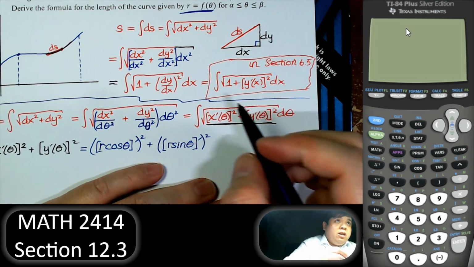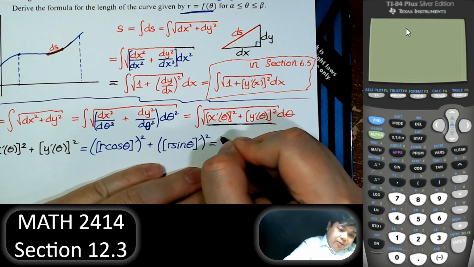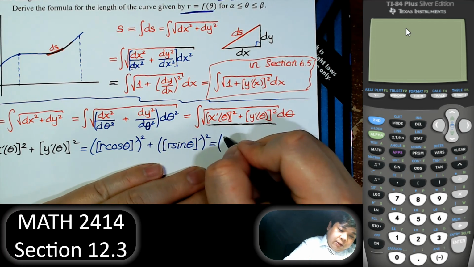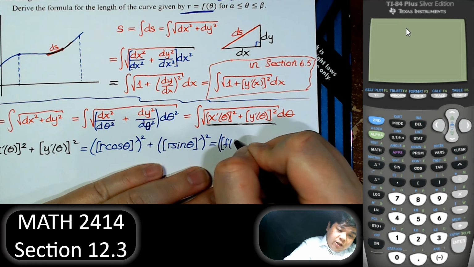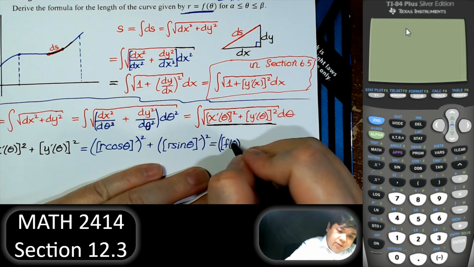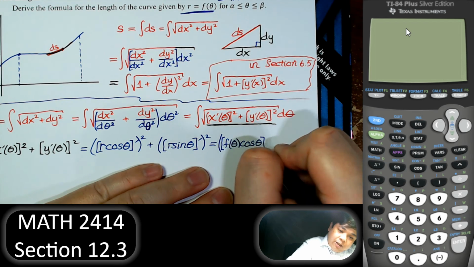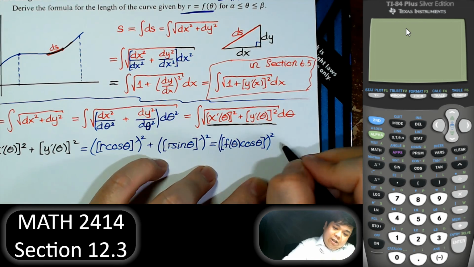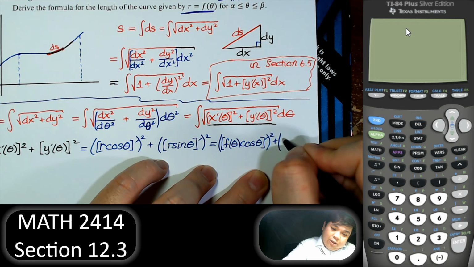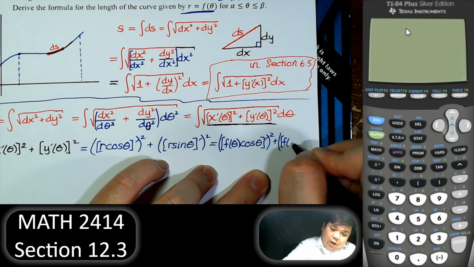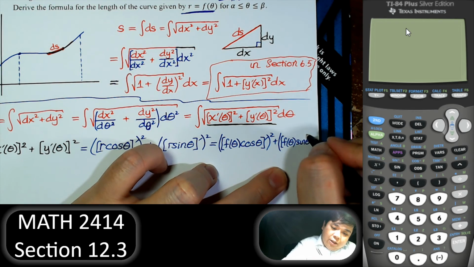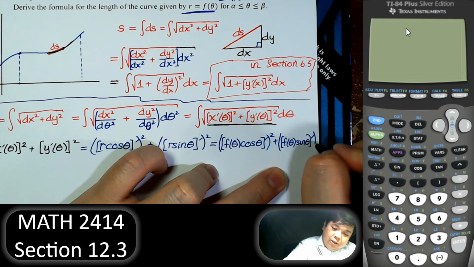Furthermore, r is a function of theta, so we have r of theta cosine theta, derivative square, plus r of theta sine theta, derivative square.